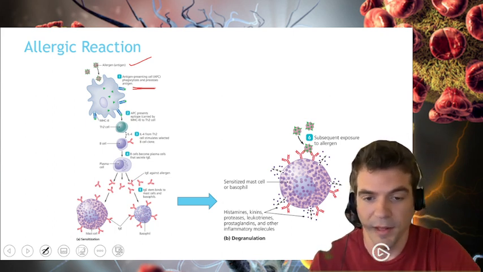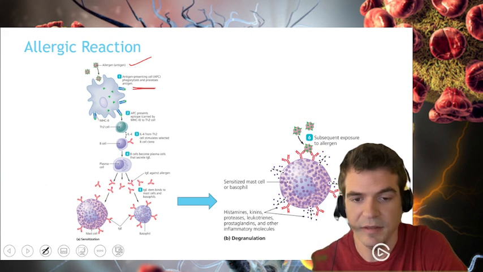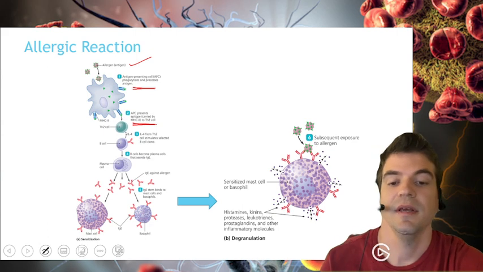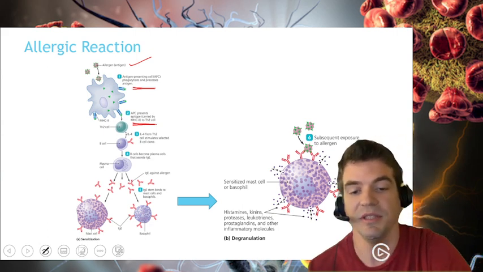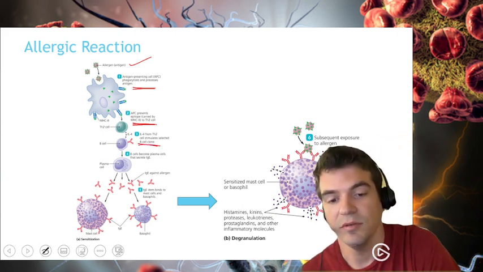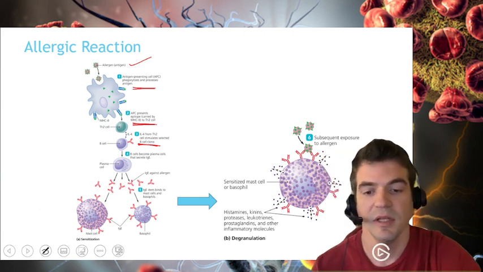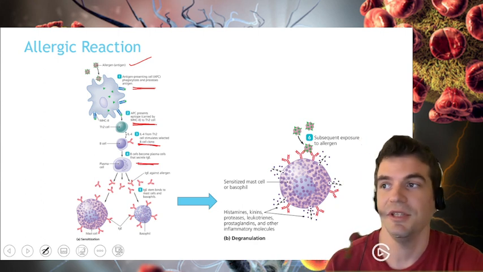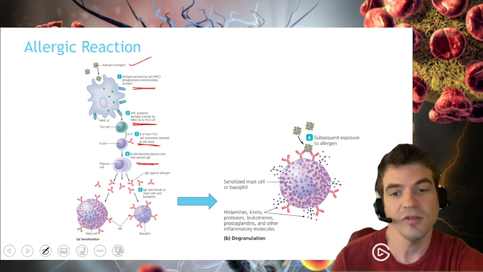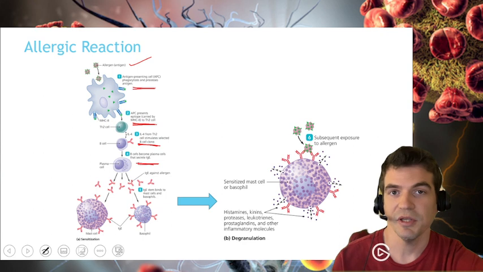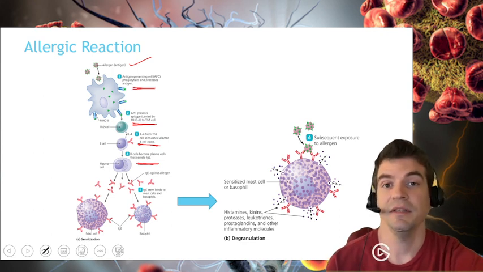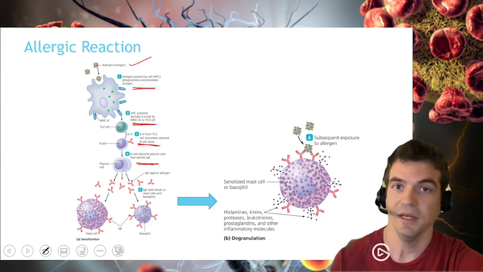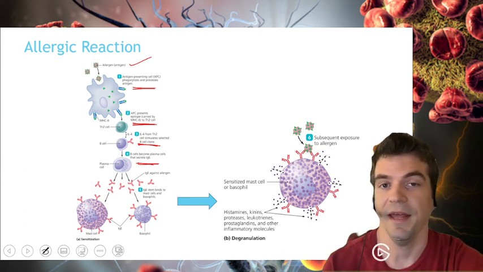The APC will present it to a helper T cell, and the helper T cell will give it to a B cell, which will proliferate into a plasma cell that secretes IgE. This sounds very much like humoral defense in our adaptive immunity videos. If this isn't looking familiar, you should go back and check that out again.